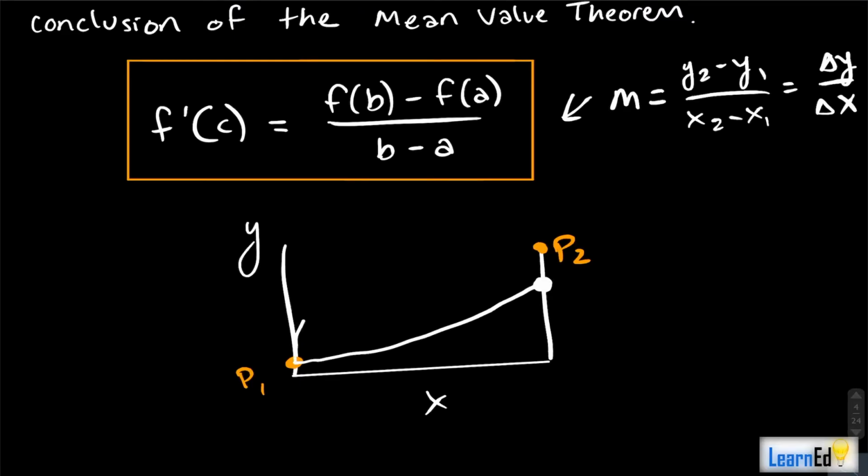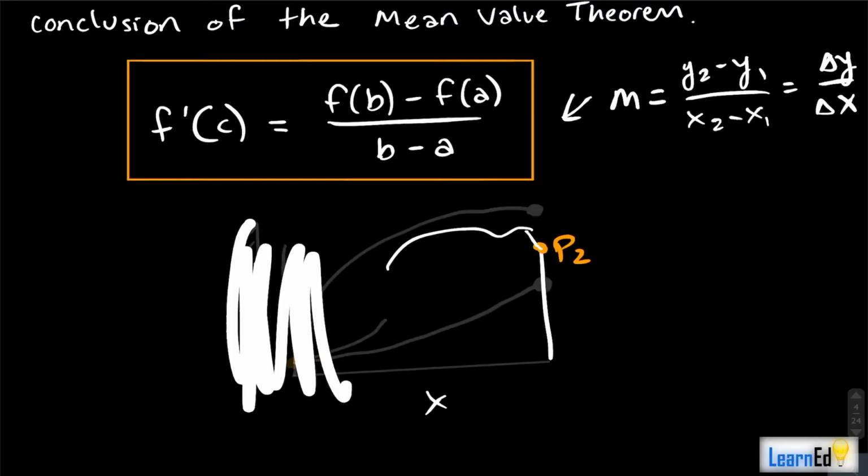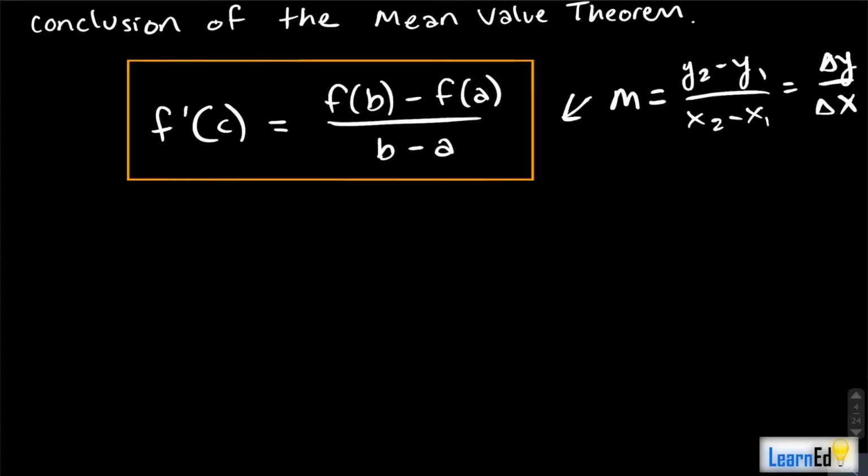If it was always higher than f prime of c, your point would end up here. And if it skipped over f prime of c, then you probably have some kind of discontinuity, in which case we couldn't be taking derivatives and doing things like that. So that's the idea with the mean value theorem.